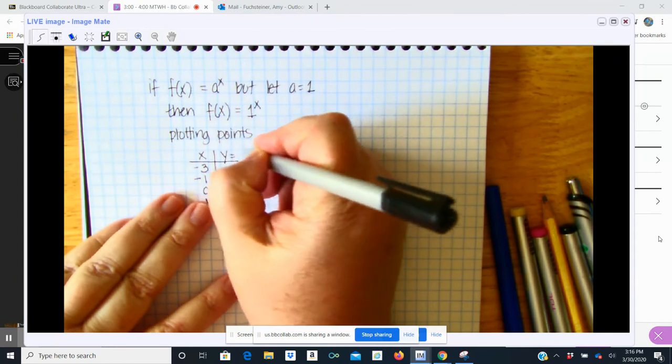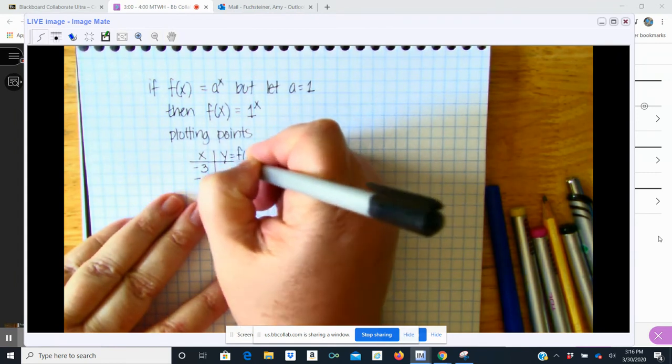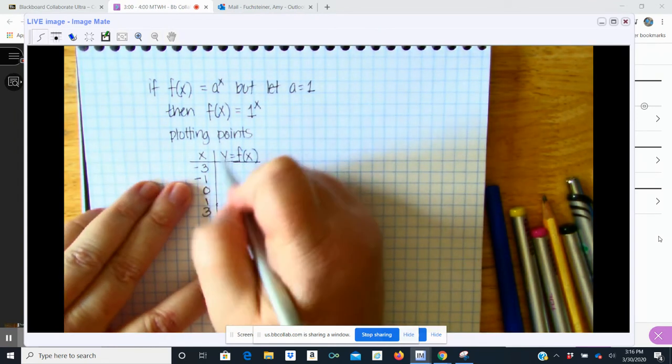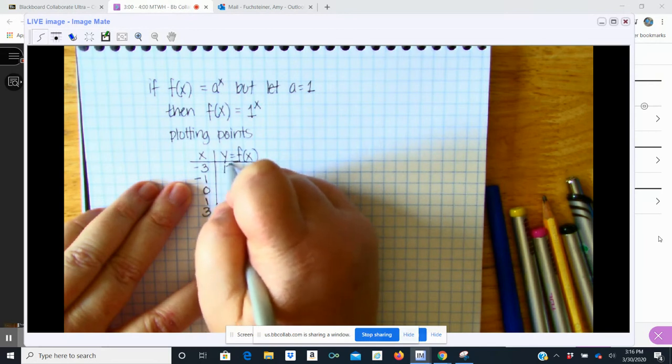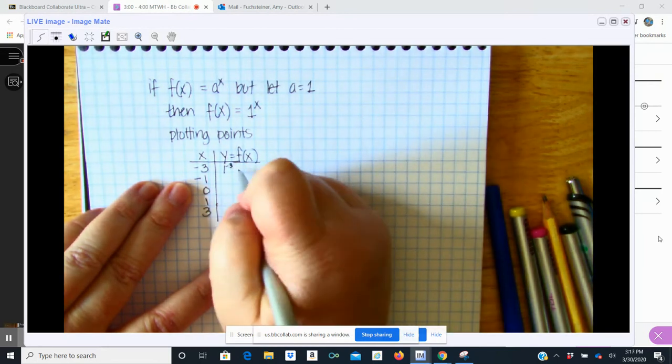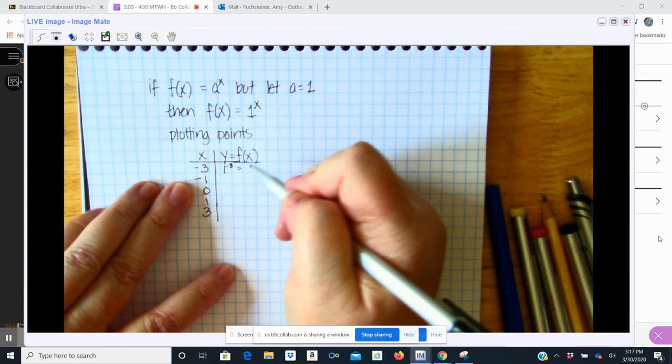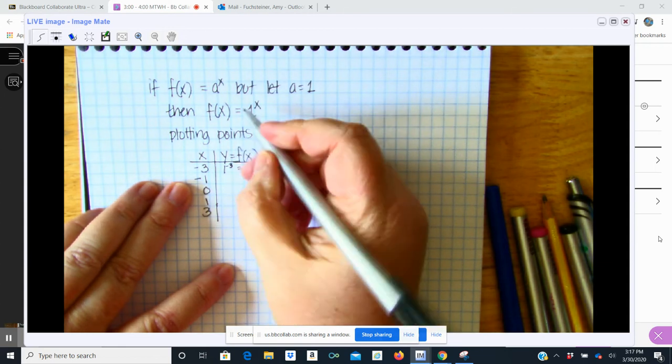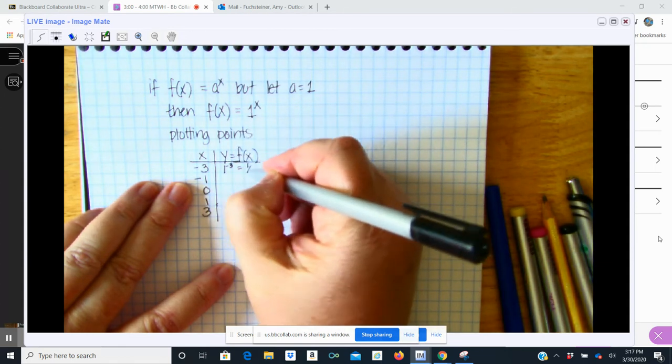Then my y, which is the same as f of x, would be 1 to the -3rd. What you remember from your negative exponents, this is 1 over 1 to the 3rd.